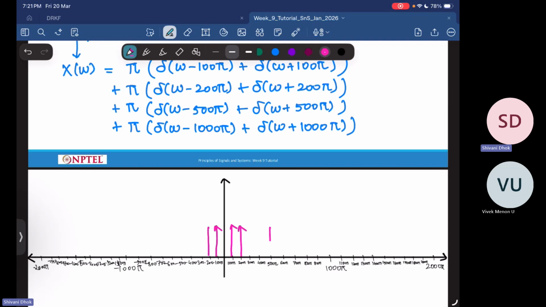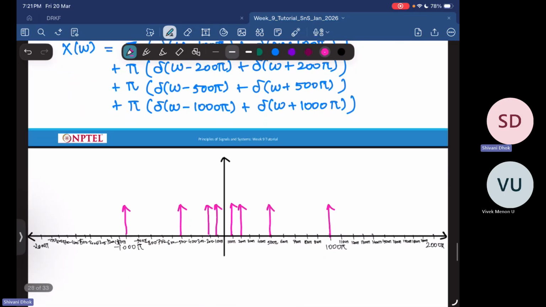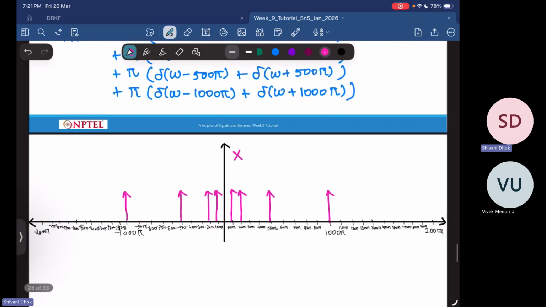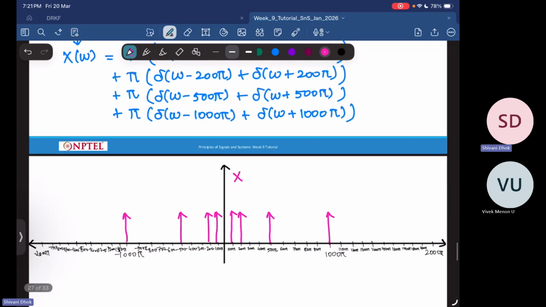Then you have at 500 and minus 500 pi. And then you have at 1000 and minus 1000 pi. Okay, so this is how you have. Now this is your X of omega.